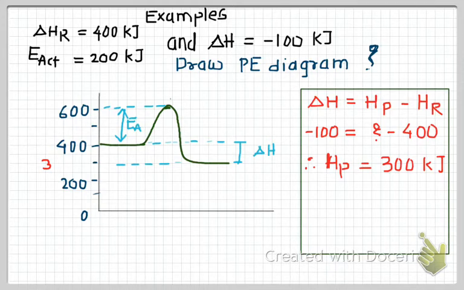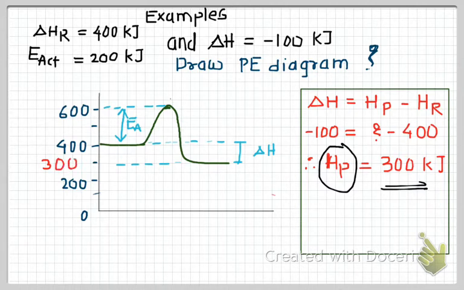So how to draw a potential energy diagram from the given data? Now we know that change in enthalpy or heat of reaction is equal to enthalpy of product minus enthalpy of reactant. So putting this value in the equation, we calculate enthalpy of the product, which is 300. So we have all the data, and from that we can draw the graph.